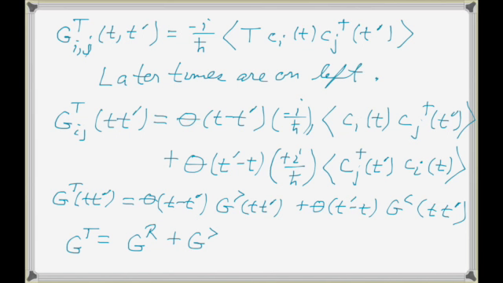And this T here is a time ordering operator. The way to remember what it does is that later times occur on the left, so that time progresses. Earlier times are on the right, later times are on the left. Time progresses from right to left.